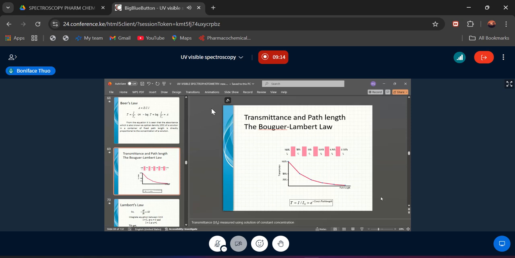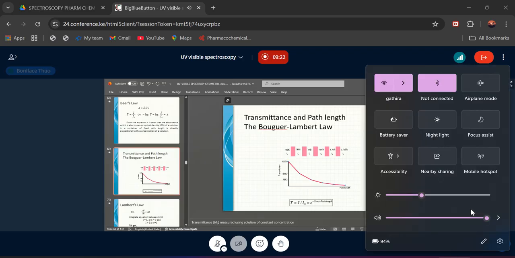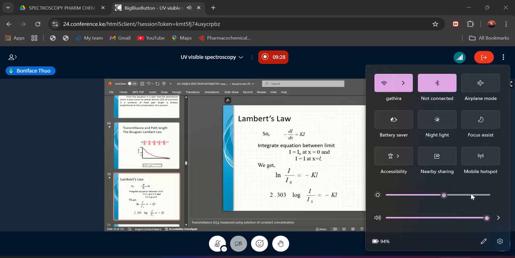So similarly, that equation relates the transmittance or absorbance to the path length, or the path the light passes through the solution.